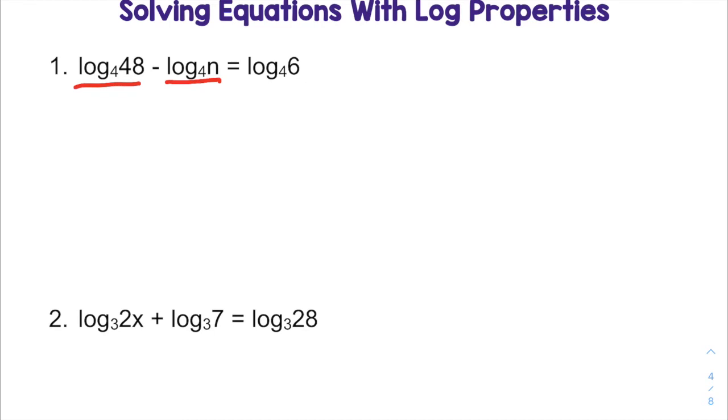The quotient property says that if we have a quotient, the log expression of two numbers being divided, we could subtract the numerator minus the denominator of the log expression. Now we're going backwards. We could actually combine these using the quotient by saying log base 4 of 48 over n equals log base 4 of 6.